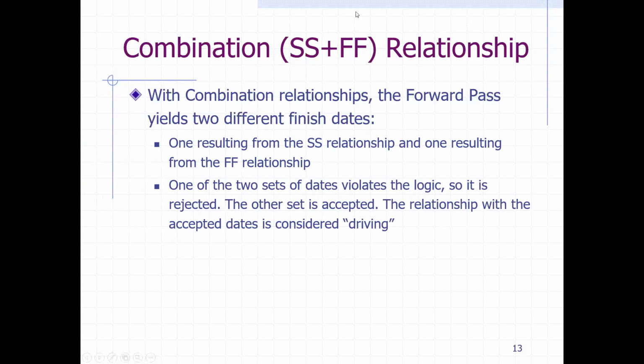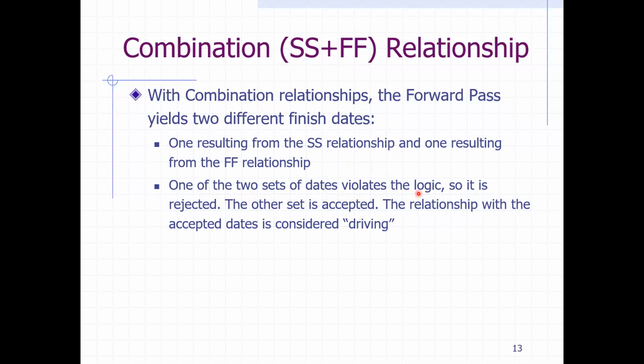Now, typically when you work, let me grab my laser pointer. When you work on this type of combination relationship, you need to expect that each has different results, but one of them has to be the driving one. We covered that, and typically one of the two sets violates the logic.